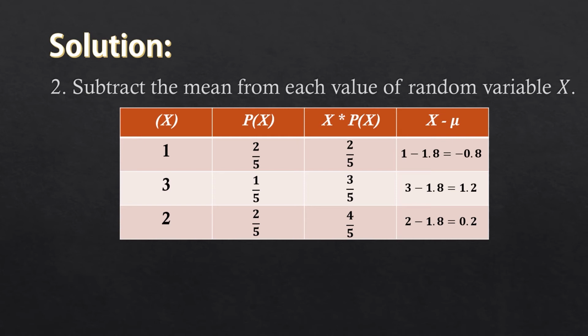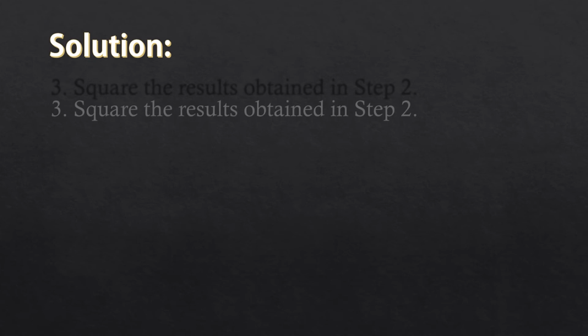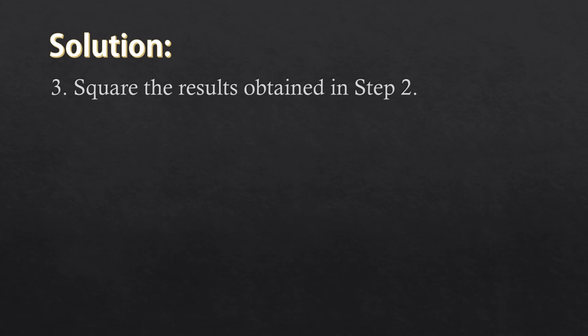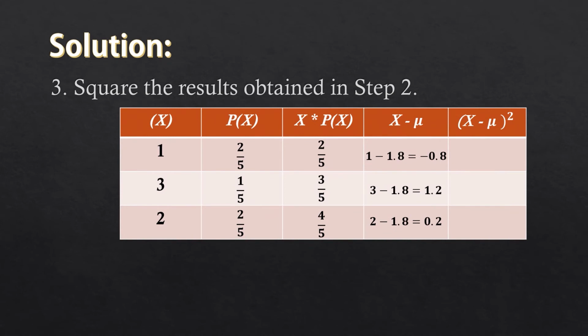Now let's have step 3. For step 3, square the results obtained in step 2. So we need to square this difference. We have negative 0.8 squared, that is equal to 0.64.